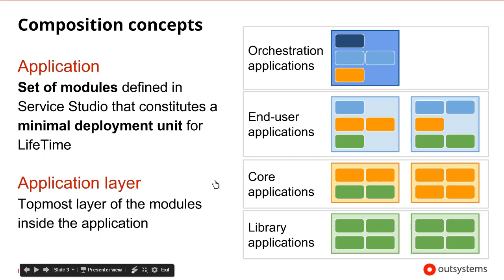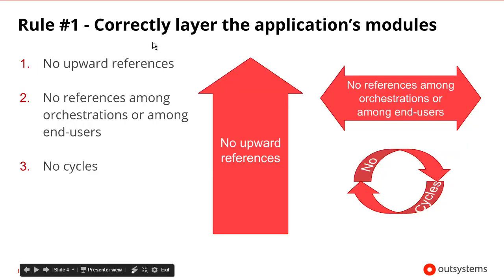So now that we know how to correctly layer applications onto the canvas, let's look at some of the rules. The first rule is to correctly layer the application's modules. There should be no upward references, no references among orchestration or end user modules, and no cycles between modules.